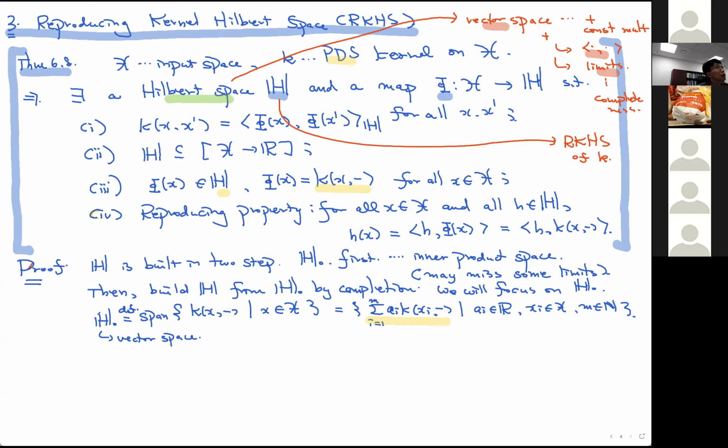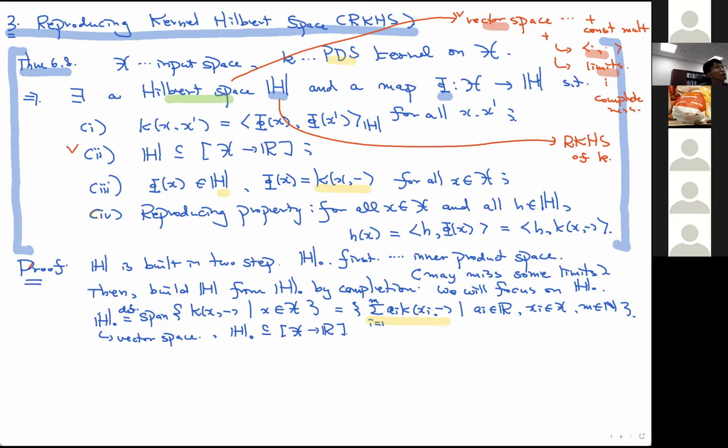And furthermore, H0 is a subset of functions where every element is a function from X to the real numbers. So we can tick this number 2, and the vector space part we also tick.